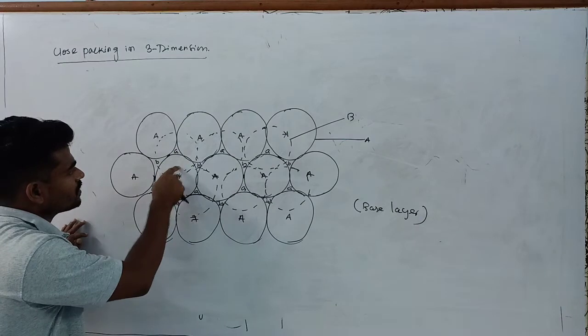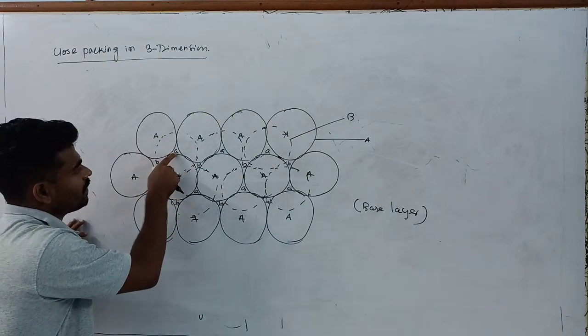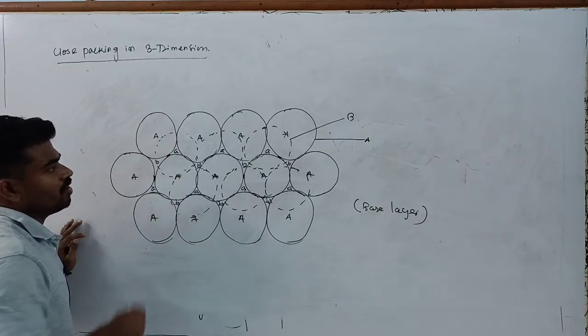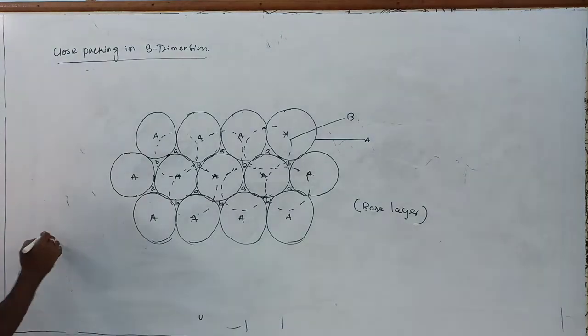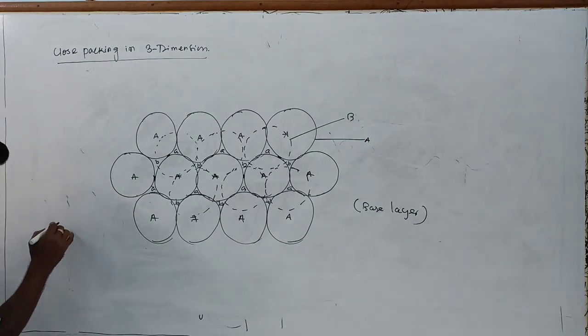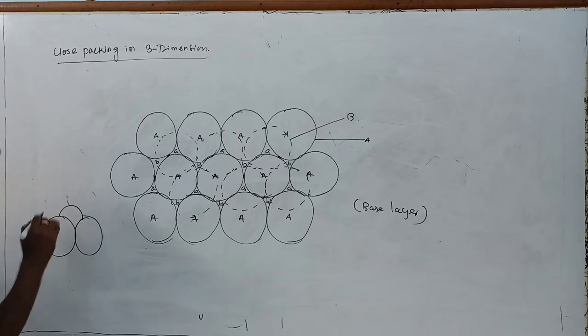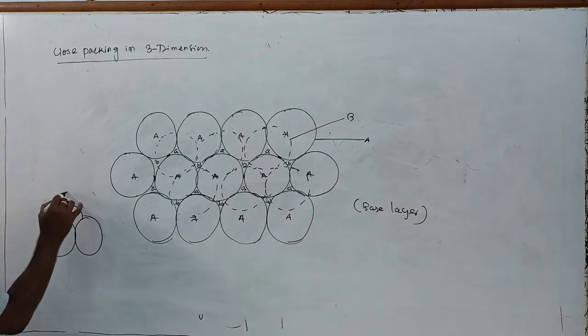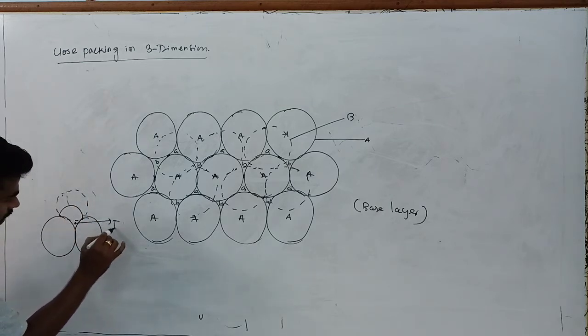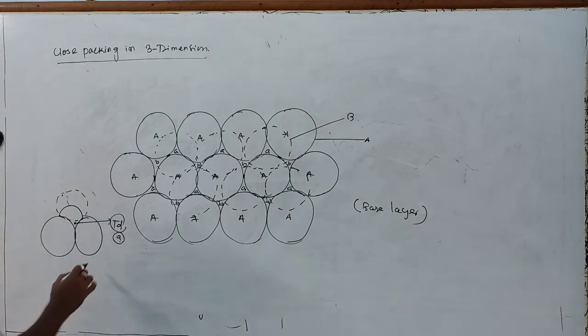So 3 spheres and 1 sphere, within that vacant space, that A void, is called a tetrahedral void. It is something like this: 3 spheres, and another sphere is placed just over it. So this void is called tetrahedral void, that is small a, your tetrahedral void.